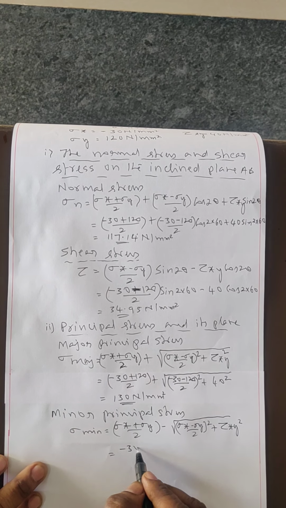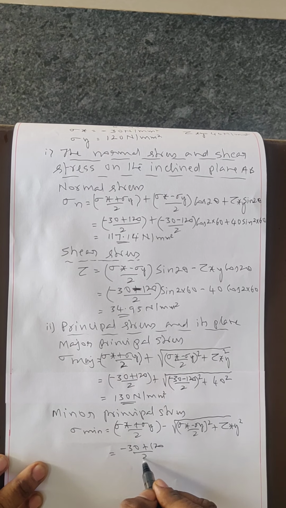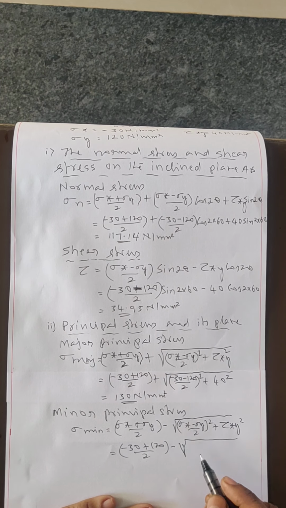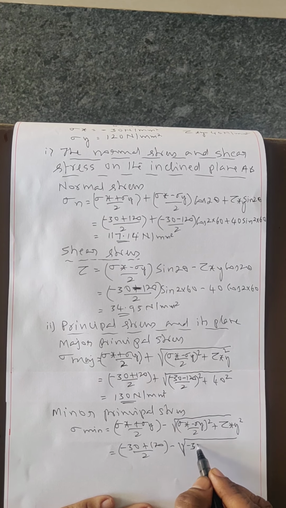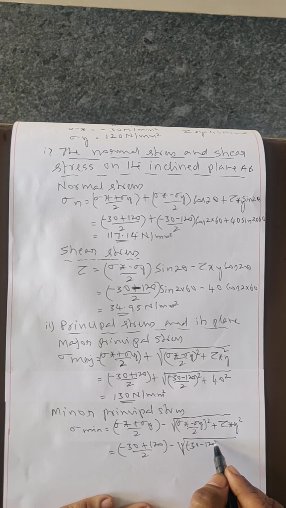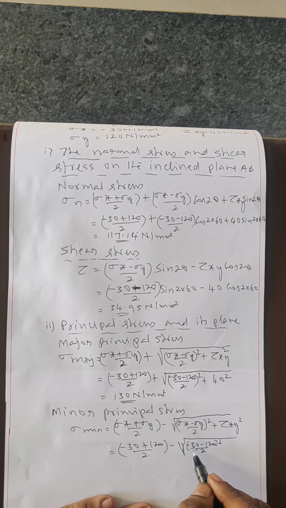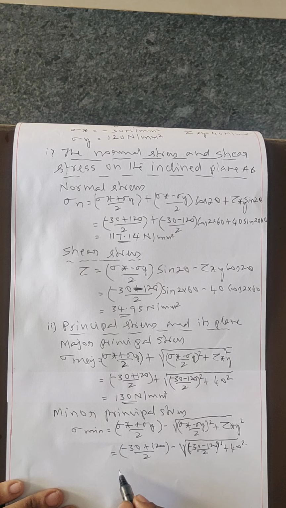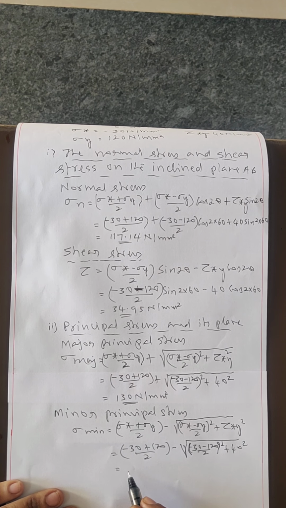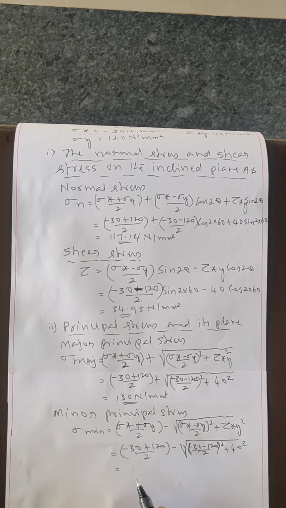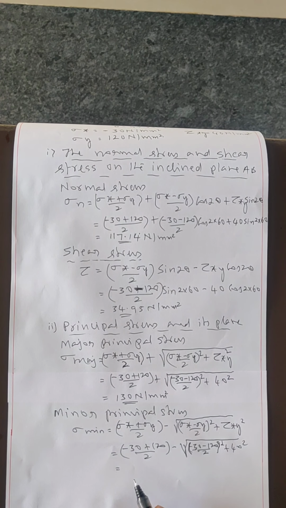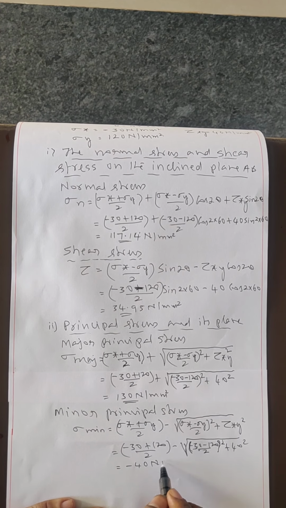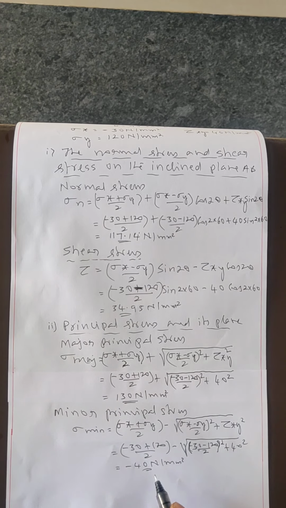If it is minus 30 plus 120 by 2 minus under root minus 30 minus 120 by 2 whole square plus 40 square, the minimum stress comes to be minus 40 Newton per millimeter square.